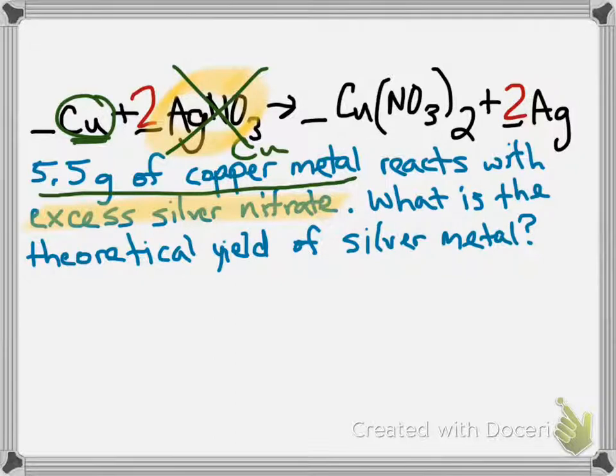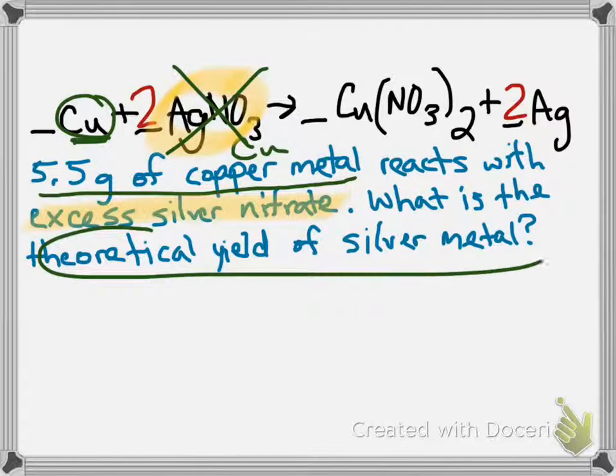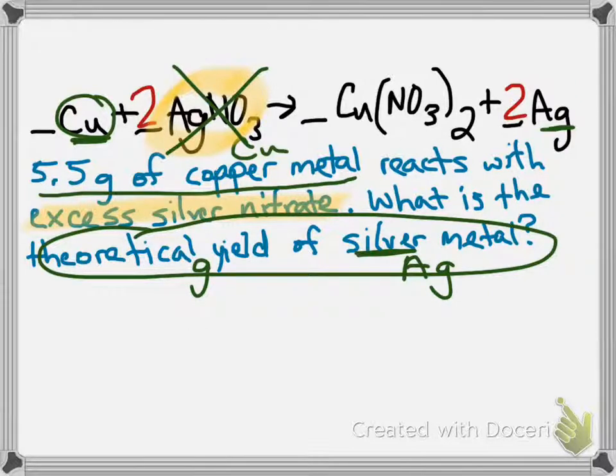We are just going to need to be concerned with the amount of copper metal that we have. And our goal is, what's the theoretical yield of silver metal? So silver metal is going to be our Ag, so that's what we're looking for. And theoretical yield is grams. So how many grams of silver metal do we produce from 5.5 grams of copper metal?